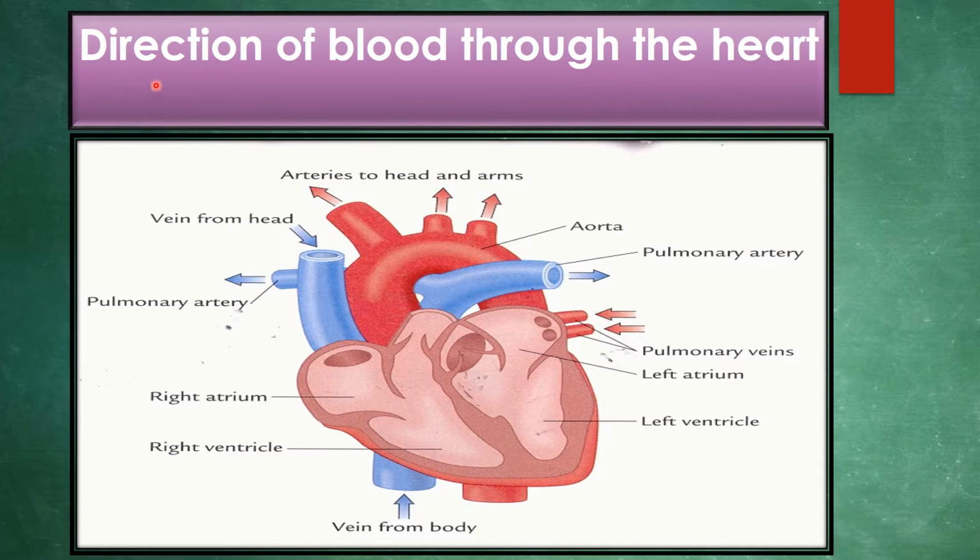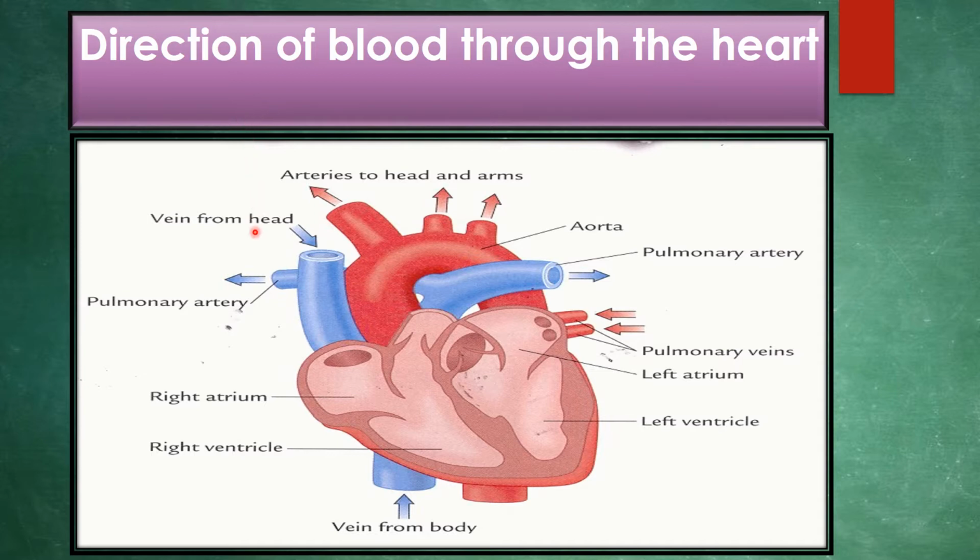Today's topic is the direction of blood through the heart, meaning how blood is pumped and flows throughout the heart, and what the different events required for the flow of blood are.